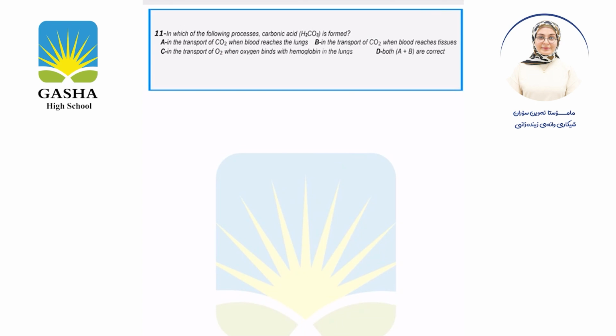Carbonic acid is formed. So let's find out first of all, carbonic acid is produced in humans in which situation? When there is CO2 in a tissue and we have to transport it from the tissue to the lung, it will react with H2O to become H2CO3.